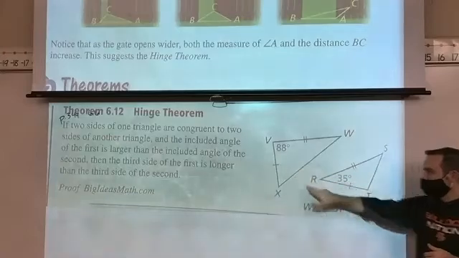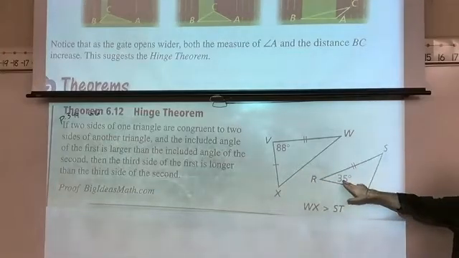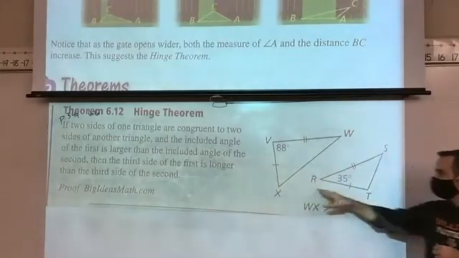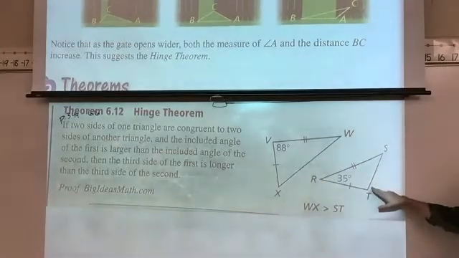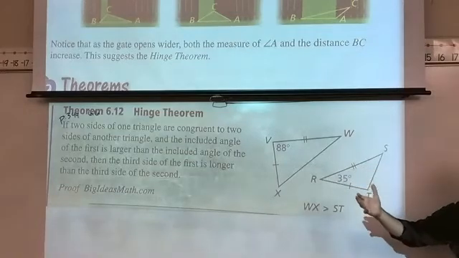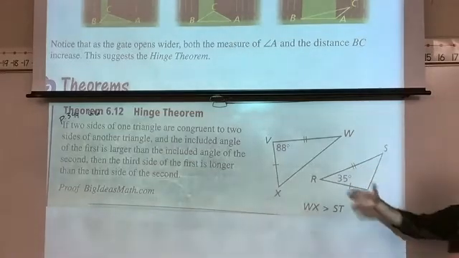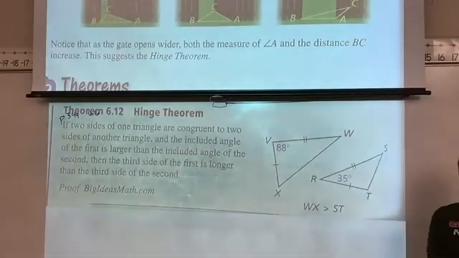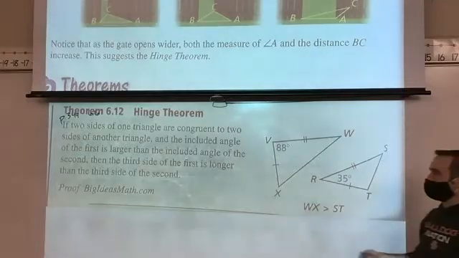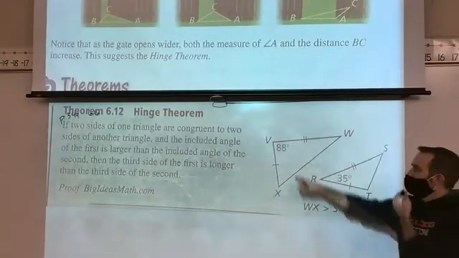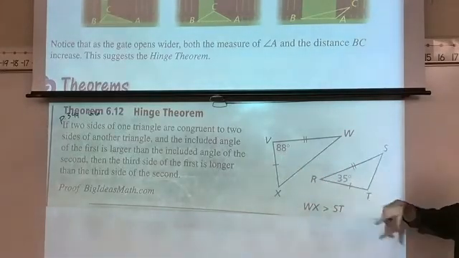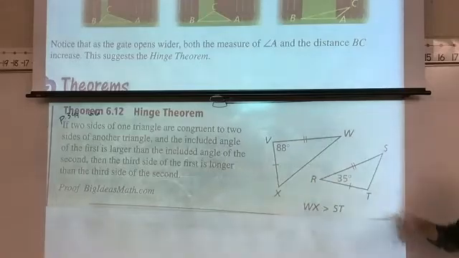So since 88 is bigger than 35, I know this third side is going to be bigger than this third side. Which, of course, is obvious when you look at it, right? Because we know that one's longer, but this is why. The hinge theorem tells us for sure that because this is bigger than 35, this side is bigger than this side. That's what we're looking for.